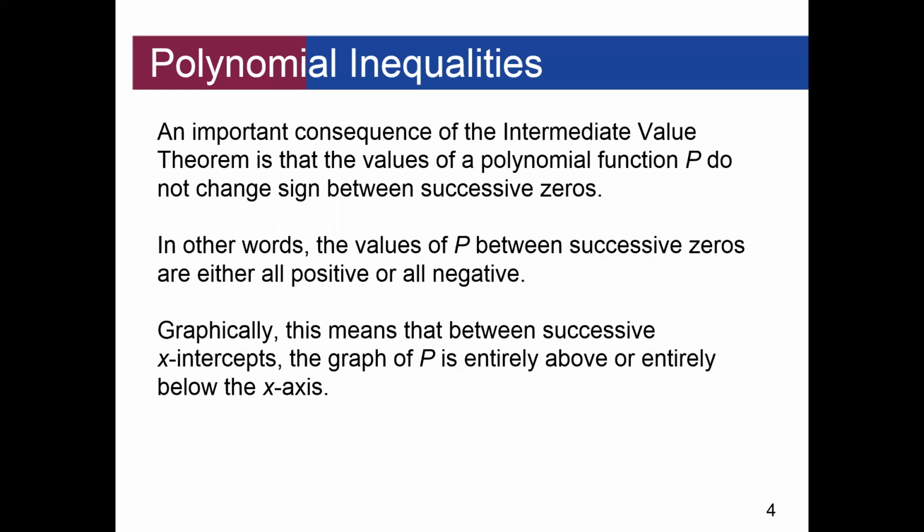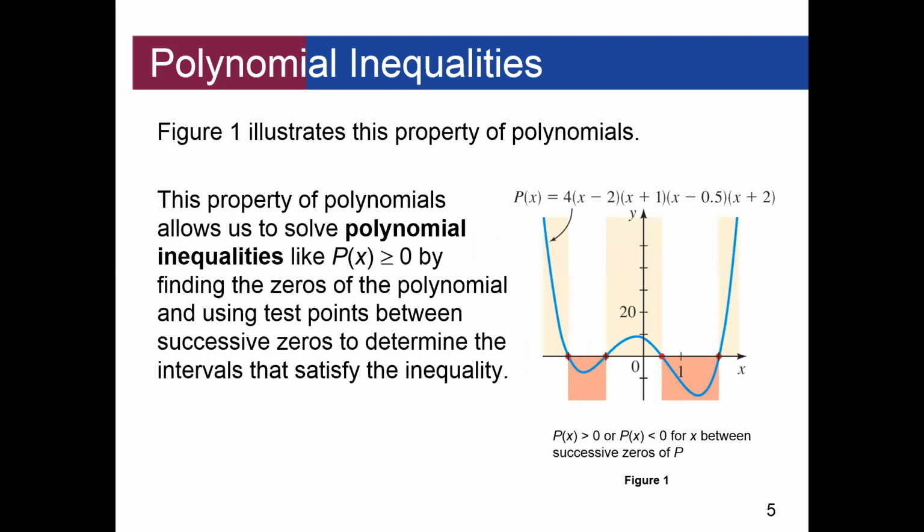We considered this example in class yesterday. We are given the polynomial p of x, which is 4 times (x minus 2) times (x plus 1) times (x minus 0.5) times x times (x plus 2). If you look at the graph, these are your zeros. The factor x minus 2 gives the zero 2, which is this one here.